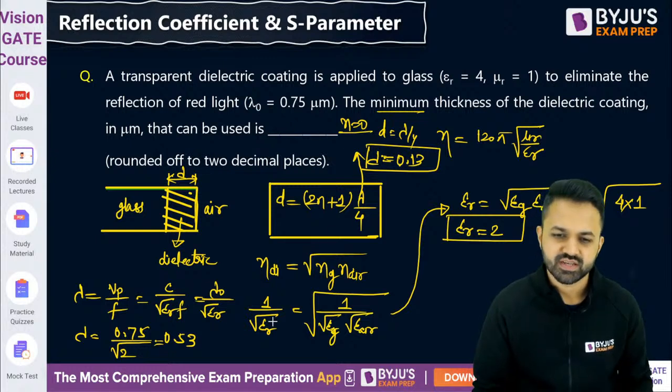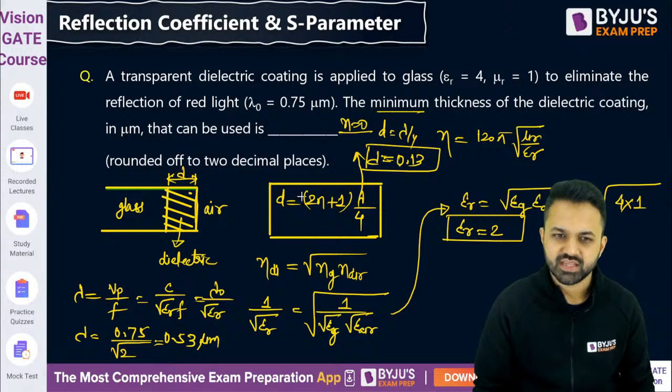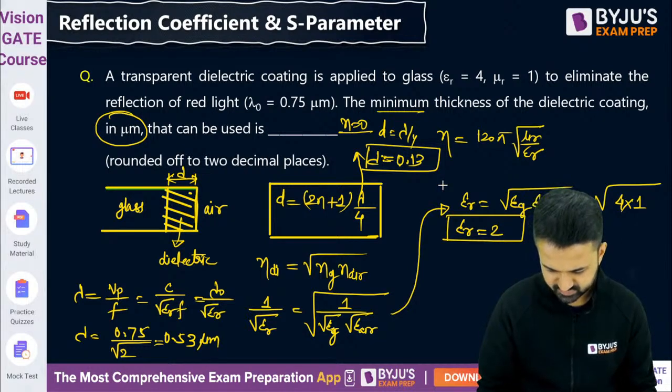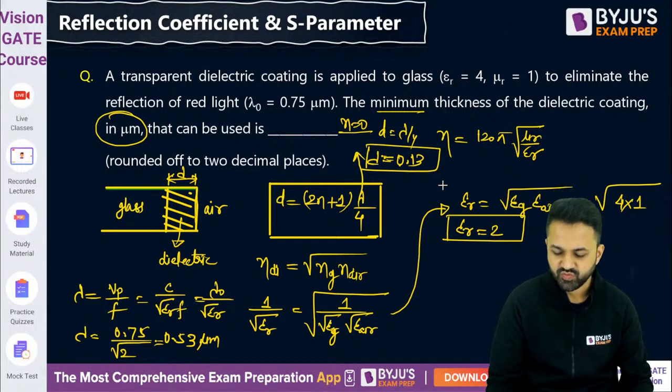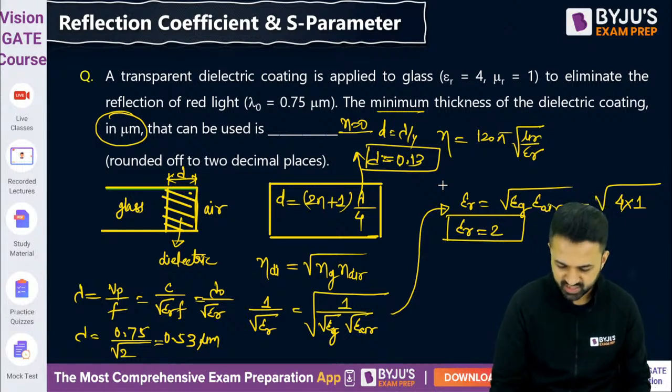Lambda is equal to 0.53 micrometer, and the answer will be coming in micrometer only. Yes, 0.1325, so we can approximate it to 0.13 up to 2 decimals. Clear, Vikram?